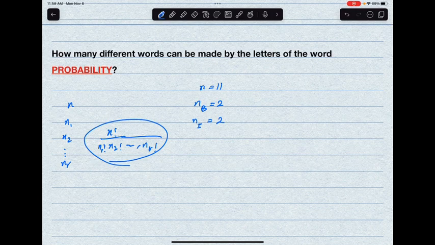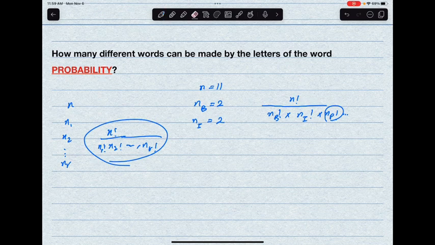So it can be N factorial divided by NB factorial times NI factorial. And you can also say, okay, divide by NP factorial and so on to NY. But NP is 1, NY is 1, so it doesn't make any difference.